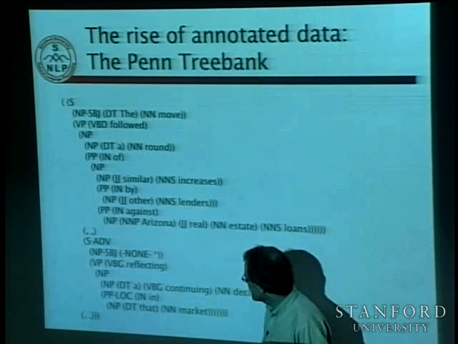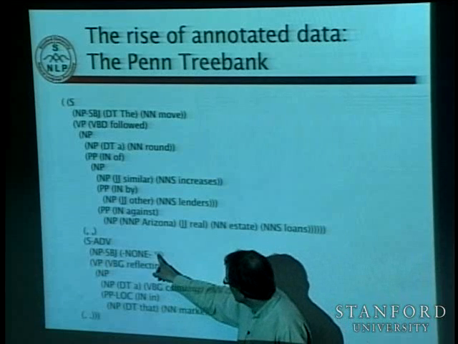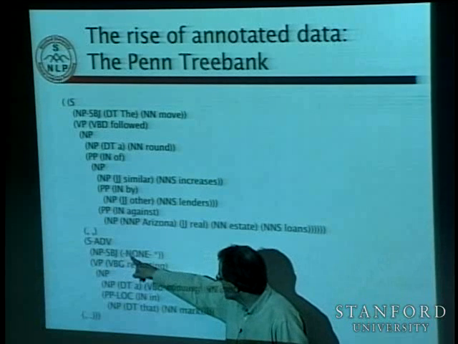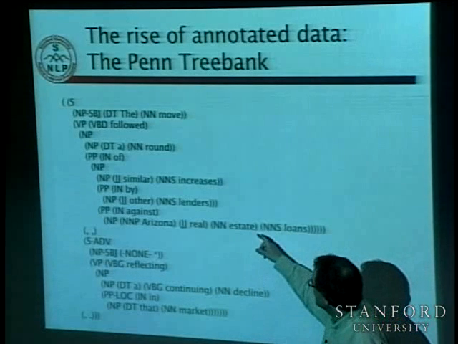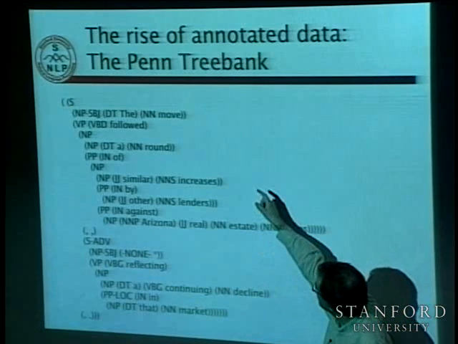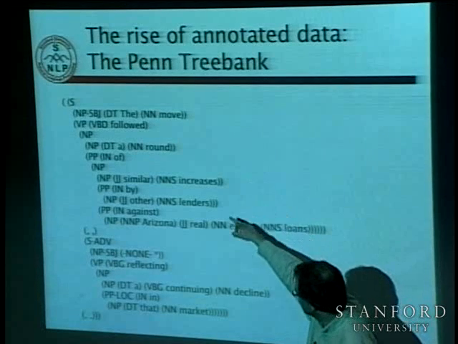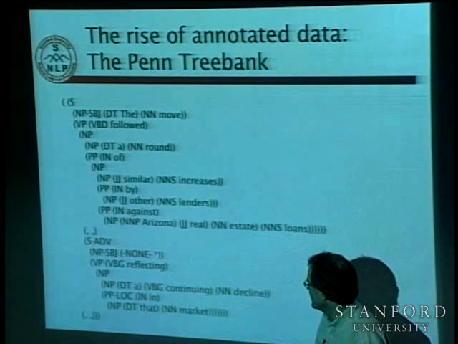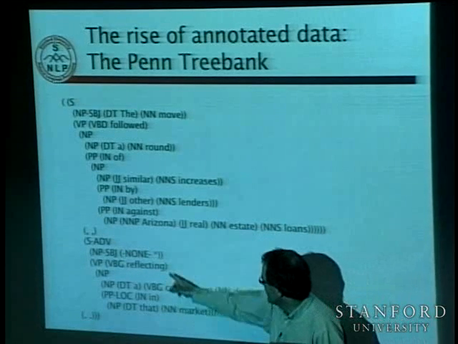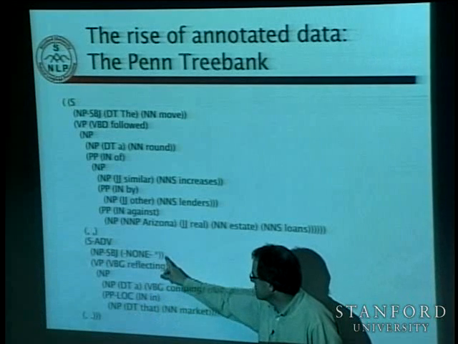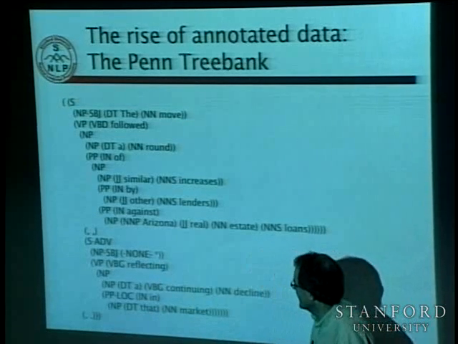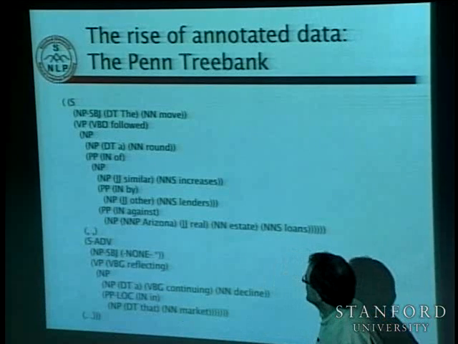But then the second bit is under the NP subject, there's this none star. Because actually, if you read this sentence, the move followed ... reflecting a continuing decline in that market. But the point here is there isn't actually any direct subject for the verb reflecting, that is this participial sentence.